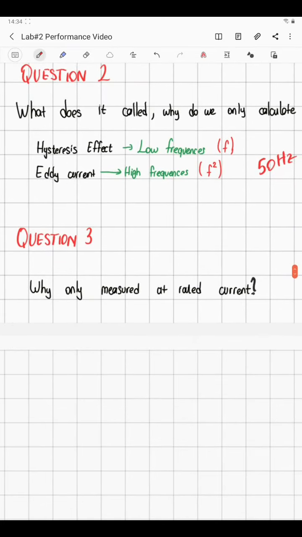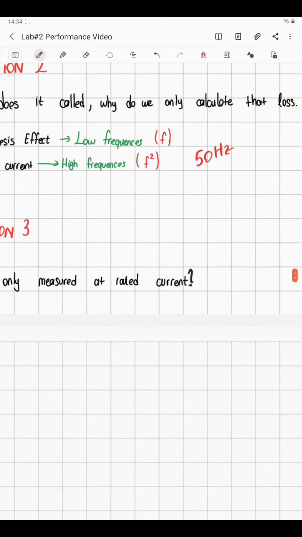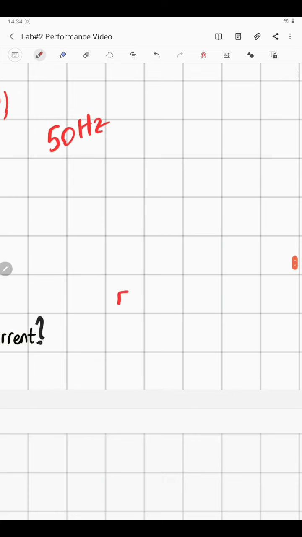And question 3, why only measure at rated current? Well, it's because when we short circuit the secondary side, we see very low impedance, and when we applied even a small voltage value such as 5 volts, it actually skyrocketed the current.